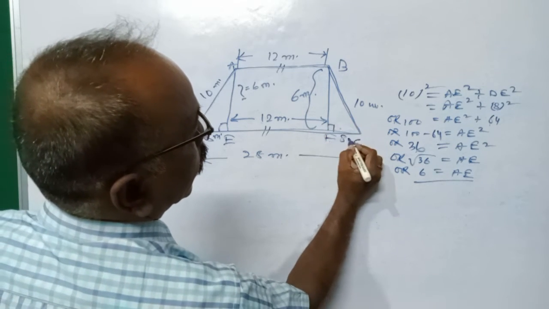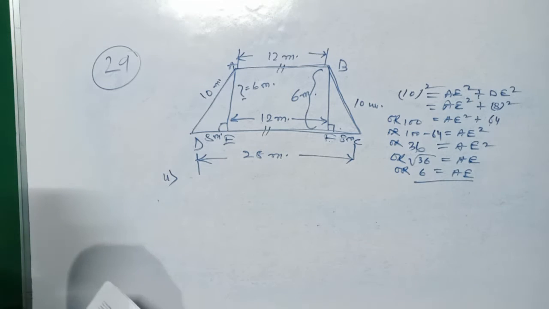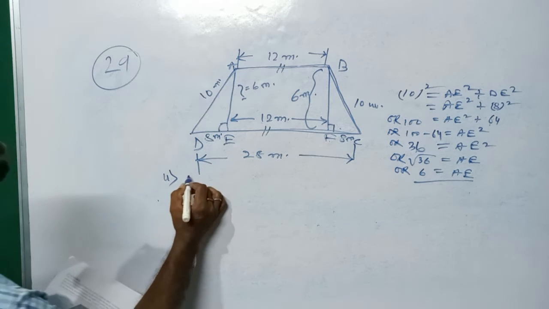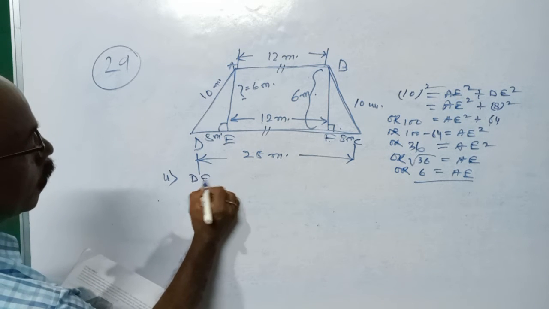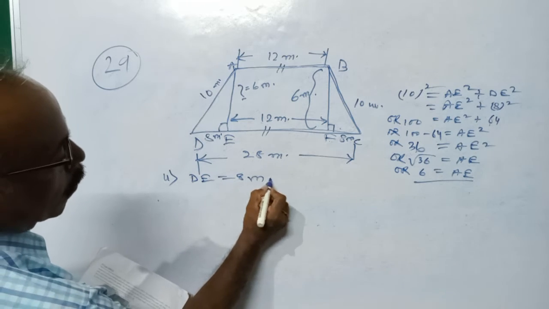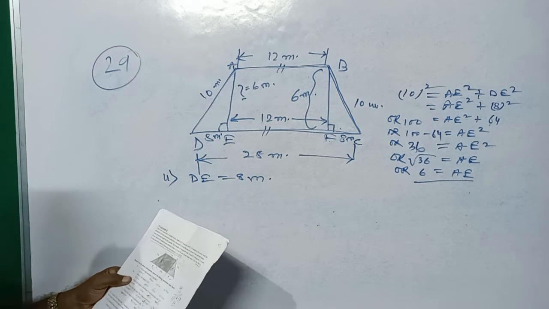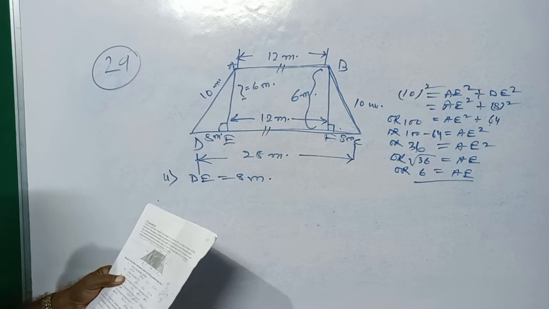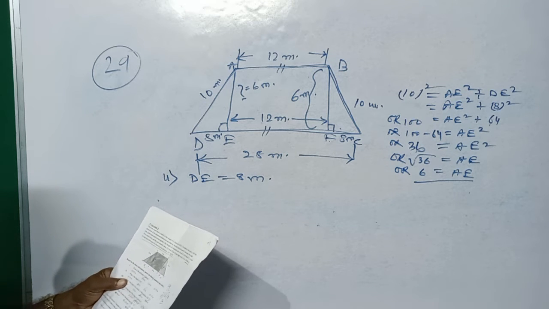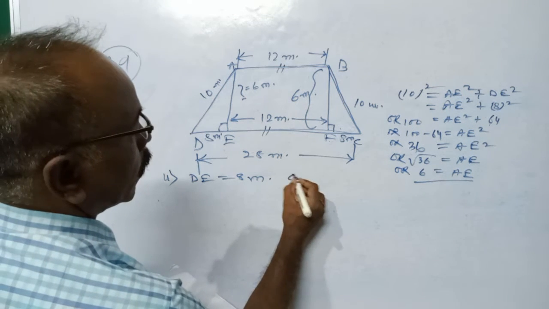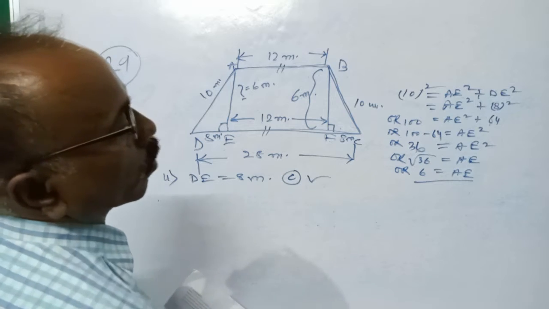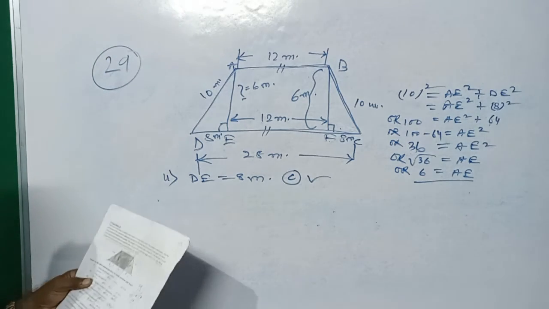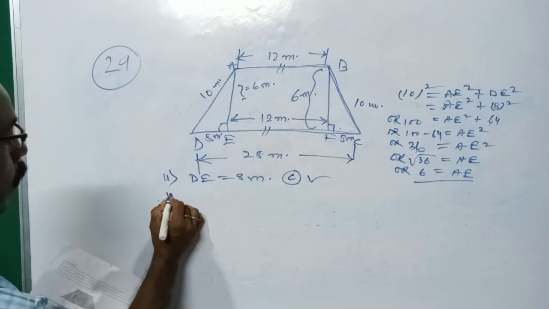It will be 8 meter. Am I clear? DE is equal to 8 meter. My dear student, here DE is 8 meter. Question number 2, C is the accurate answer. C.